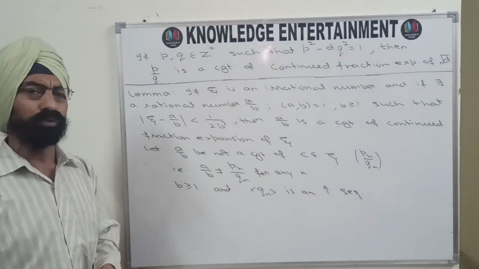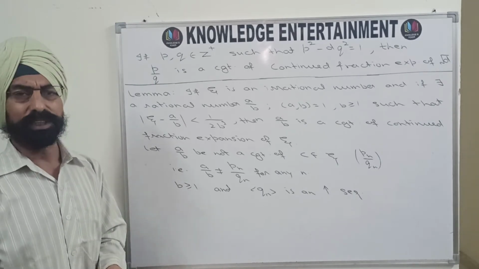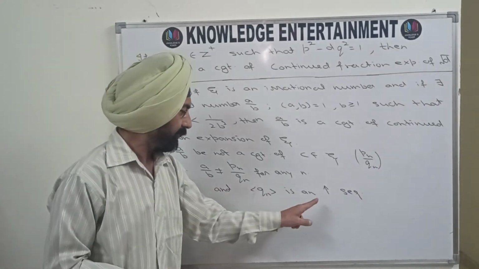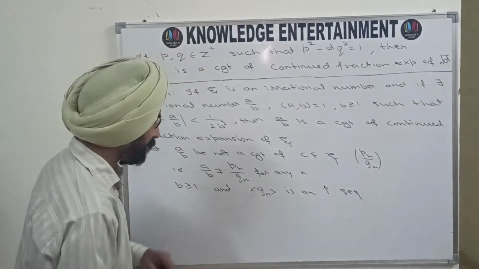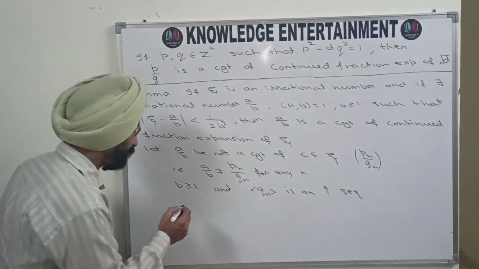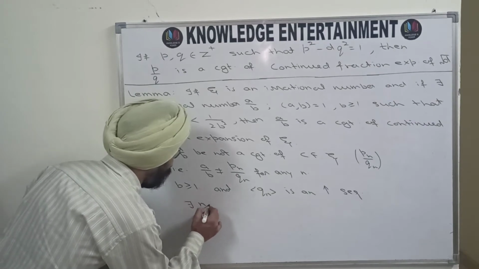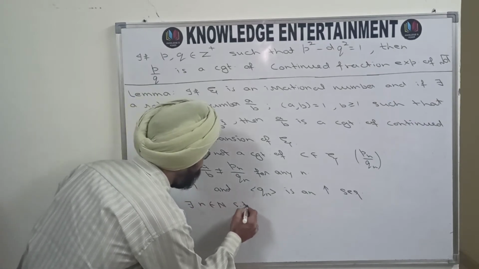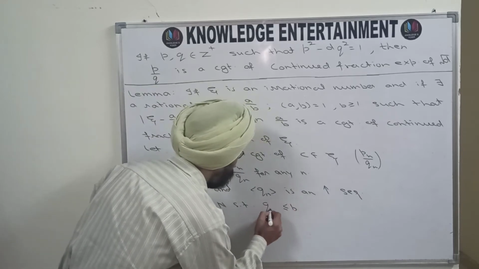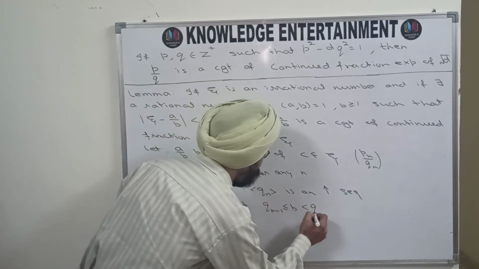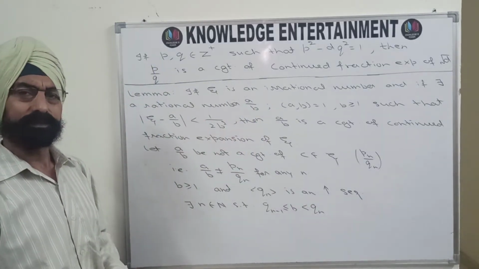This we have already proved in our previous videos. That means there must exist some n belonging to the natural numbers such that b lies between q_{n-1} and q_n.